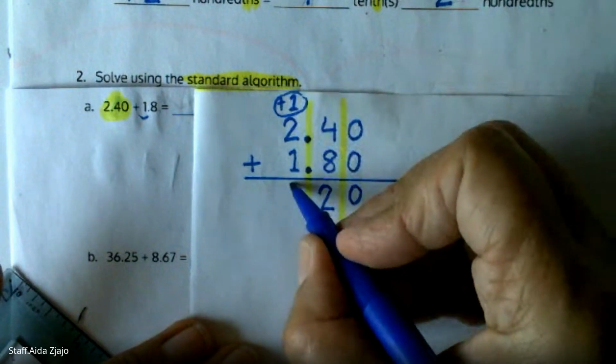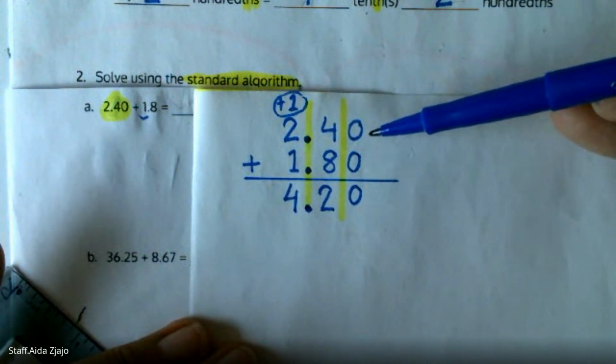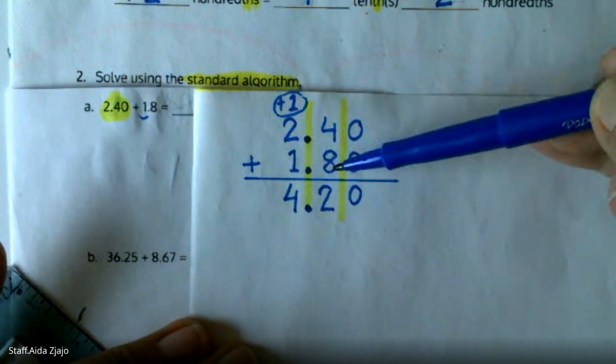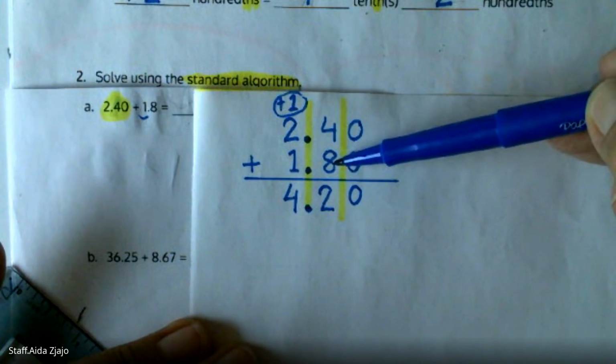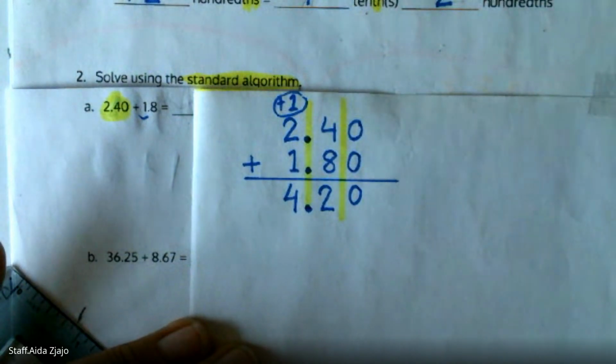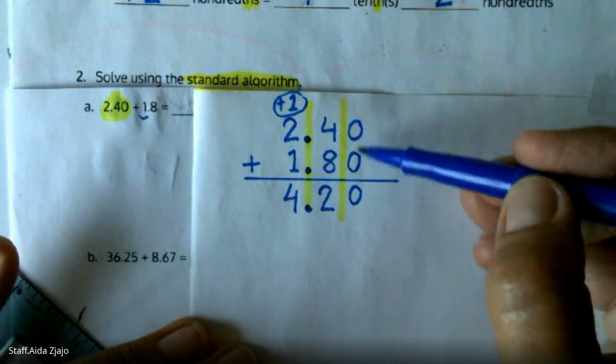And now, if you have $2.40 and you add $1.08, you can change those dimes into 80 pennies and then add them normally like you would do in third grade.